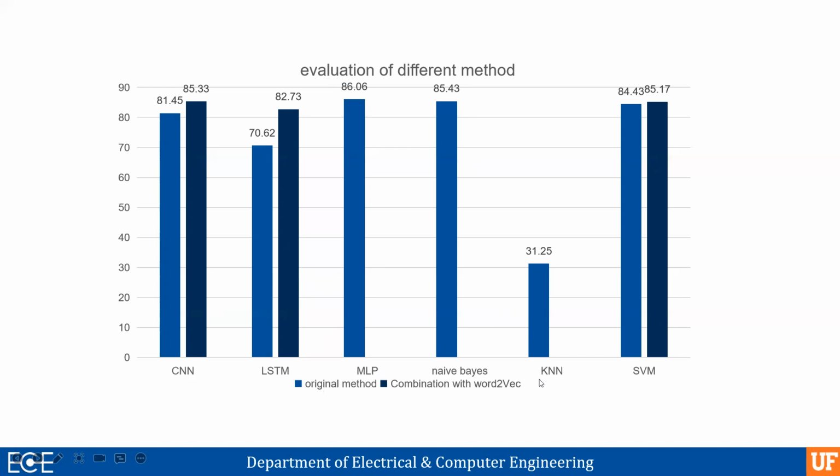KNN is not good for text classification; it only gets 31%. But the combination of SVM with word2vec gets a good result, raised to 84 or 85%. So it can also be used for this problem.